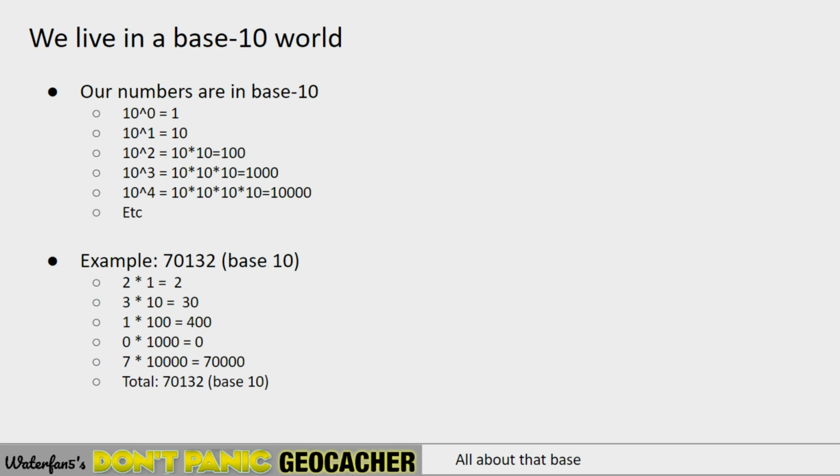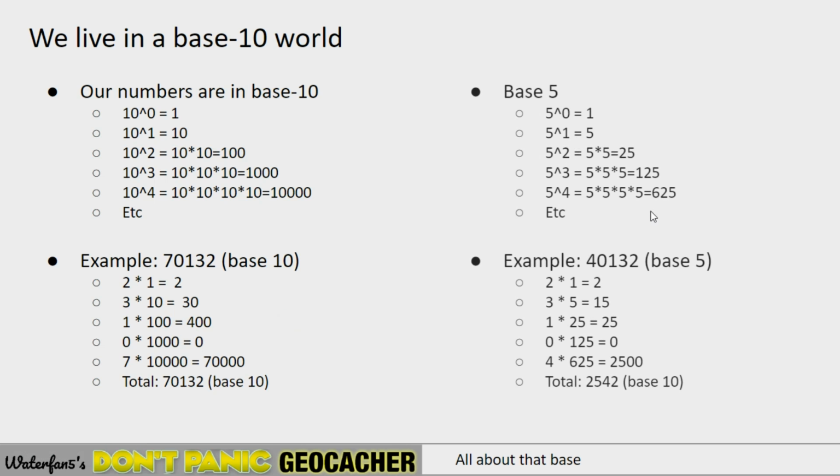Now, let's pretend that the world is slightly different and we only have 5 numbers, so from 0 to 4. So if we have from 0 to 4, it means that everything is going to be a multiple of 5. So instead of using the numbers 1 to 10, we're now using base 5, and the first one is 5.